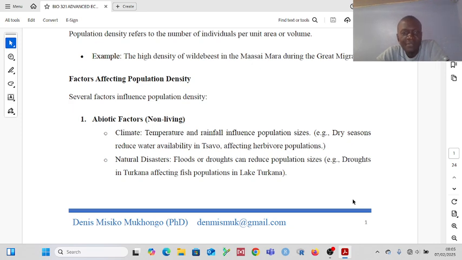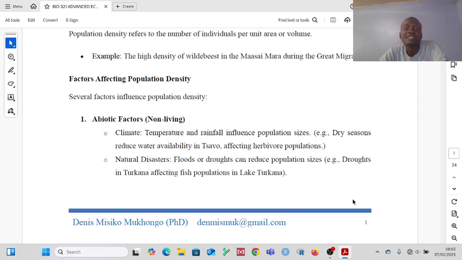With climate, we can refer to temperature and rainfall, which will always influence population sizes. So during dry seasons, for example, there is reduced water availability. Once water is not available, or it's available in a lower amount, then the herbivore populations will decrease.